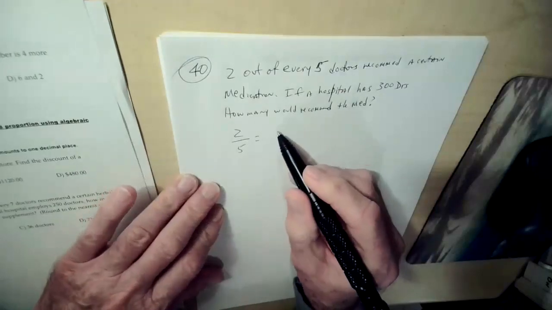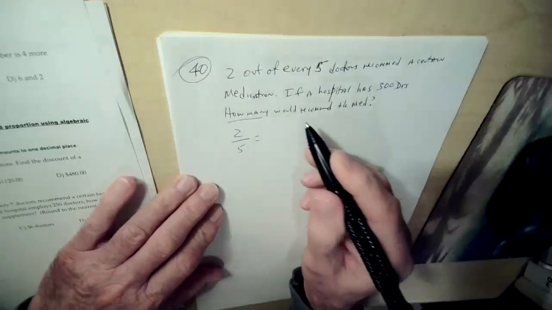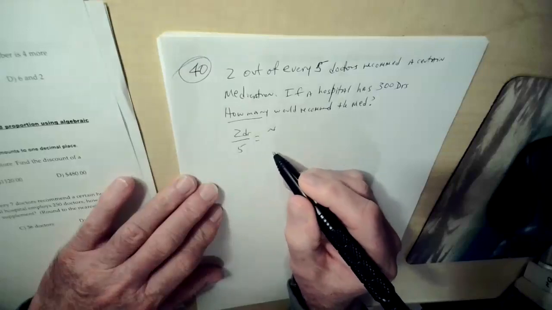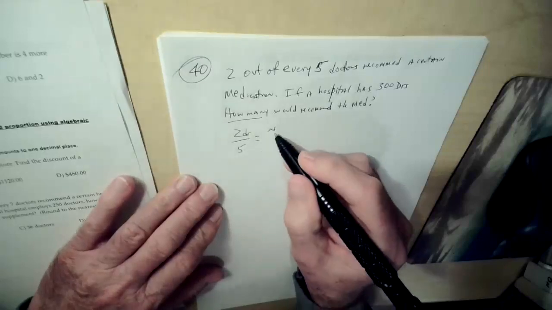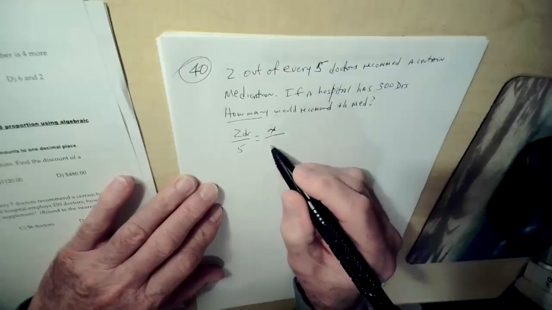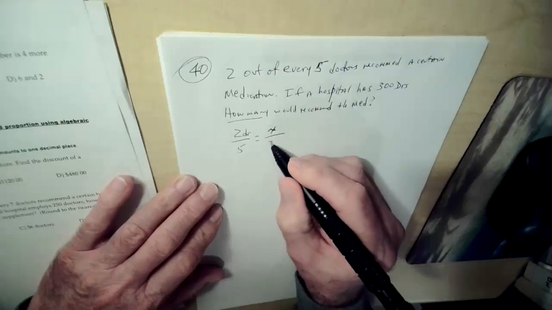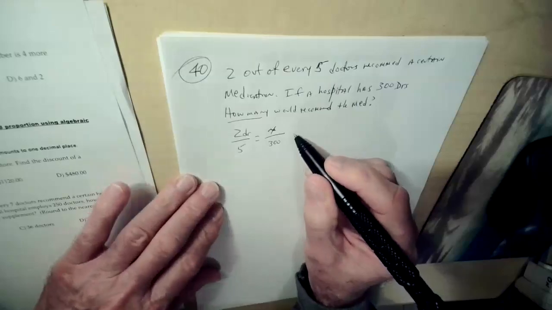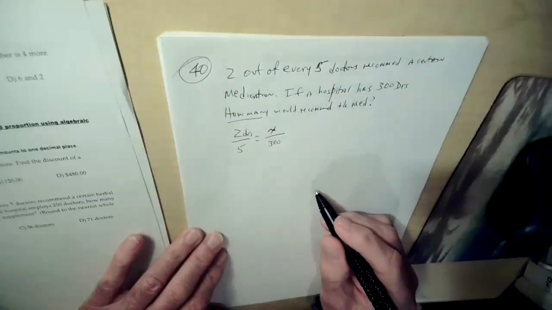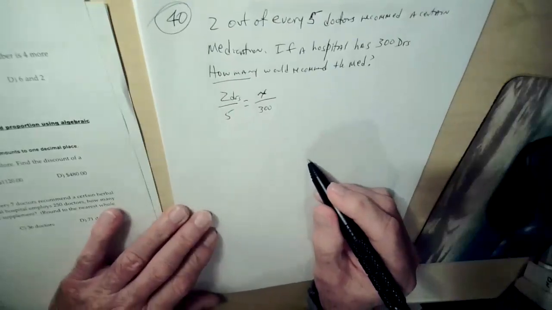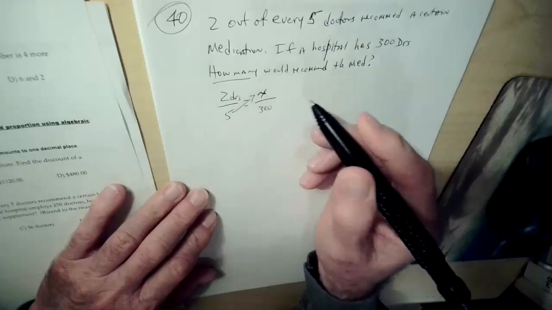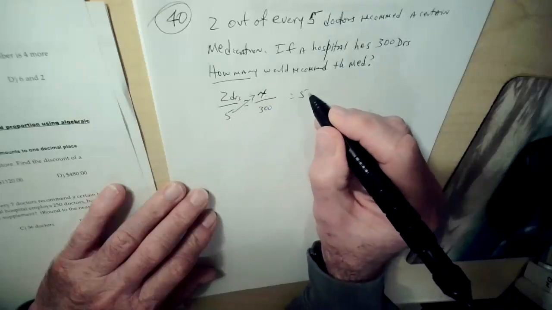Okay, this is a very simple proportion. 2 out of 5. Part over whole equals how many doctors, 2 doctors recommend. How many doctors, we don't know, if the total amount of doctors is 300.